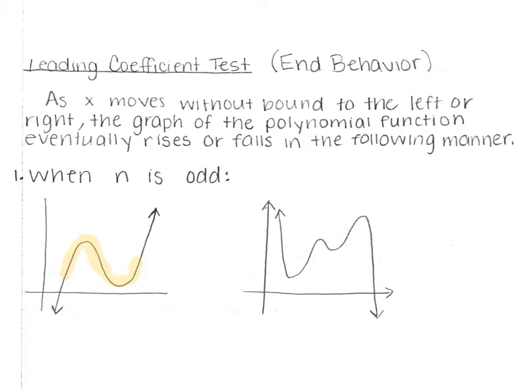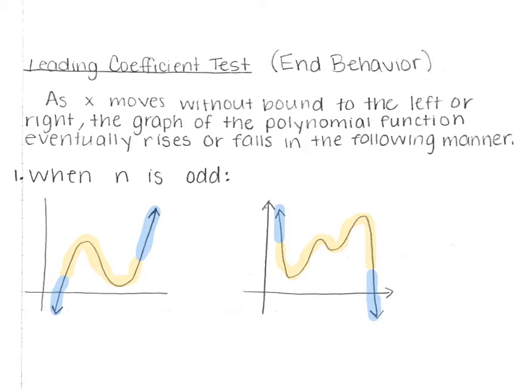Depending on what your function actually is, that yellow section could change. So it doesn't necessarily need to be exactly like it's drawn there. However, what is happening, and is the same for all functions that have an odd degree, is they either go up to one side and down to the other, or vice versa.